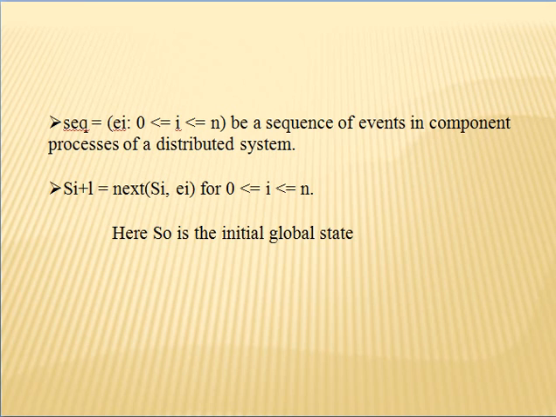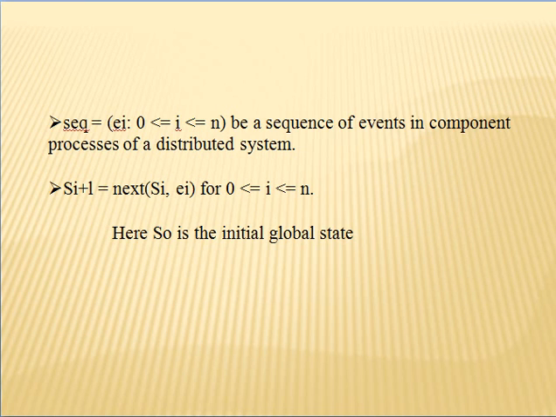Only if the events occur in the global state can they be considered in our system. The global state can be represented as S i.